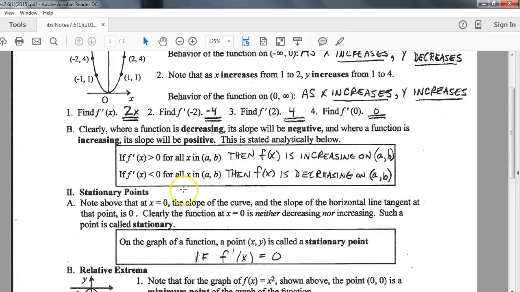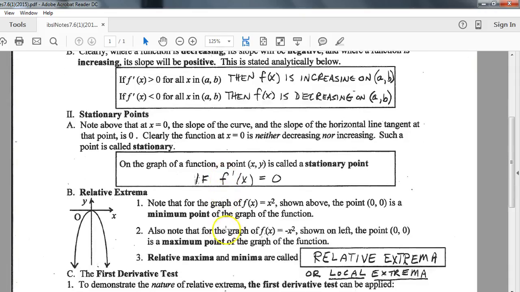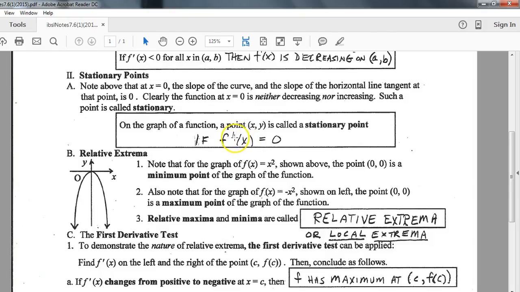Stationary points are points like this one where you have a 0 slope. This is where the graph is not increasing or decreasing, so we refer to this as a stationary point. Anytime you get a stationary point, that simply means the derivative equals 0 at that point, or you would say we have a 0 slope. The graph is not increasing nor decreasing at that point.